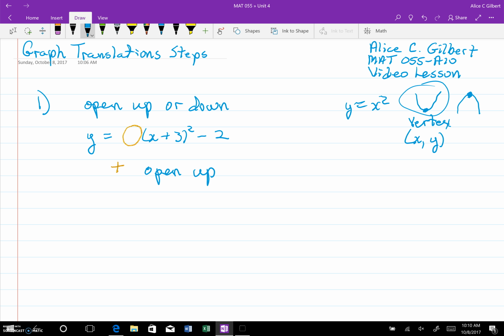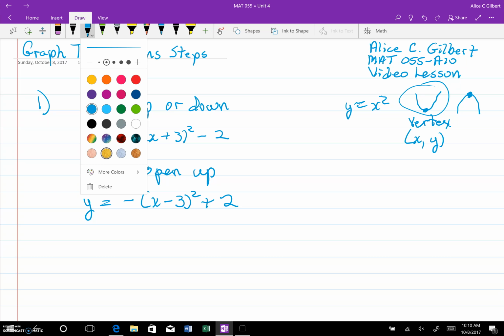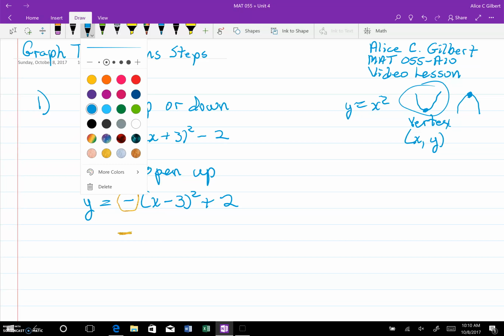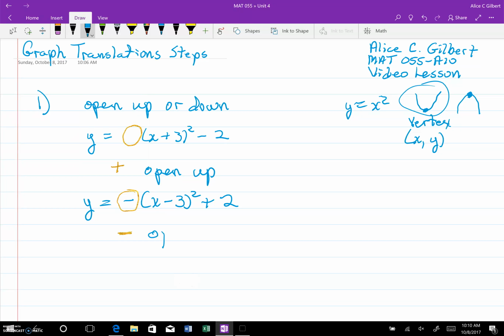If, on the other hand, our equation, and I'm just making up equations, so it doesn't matter, we'll learn about these later, has a negative sign in front, then my graph opens down, like this guy, okay?